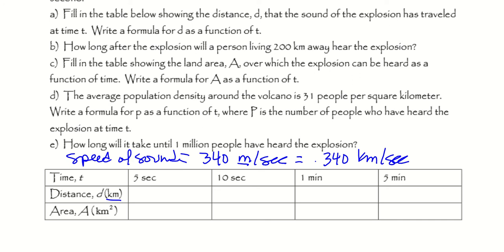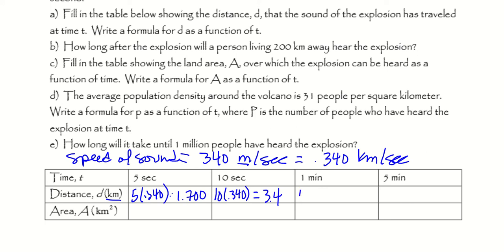So that means that if 5 seconds has passed, then my distance is going to be 5 times 0.340, which gives me about 1.700 kilometers. If I put in 10 seconds, then I've got 10 times 0.340, which is going to give me about 3.4 kilometers.